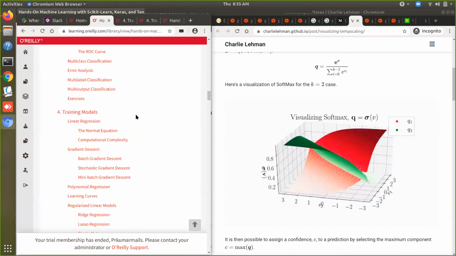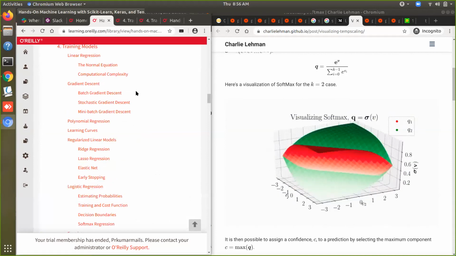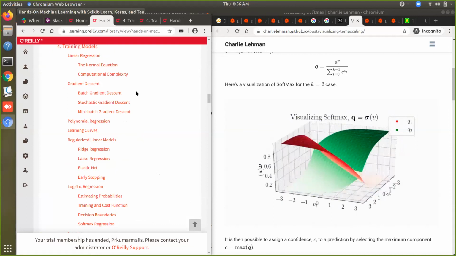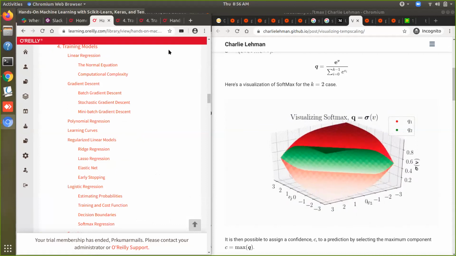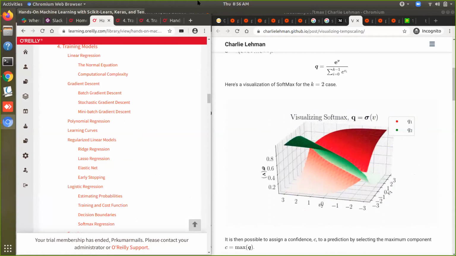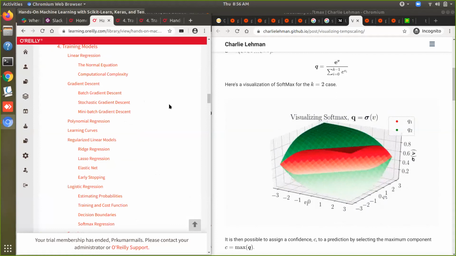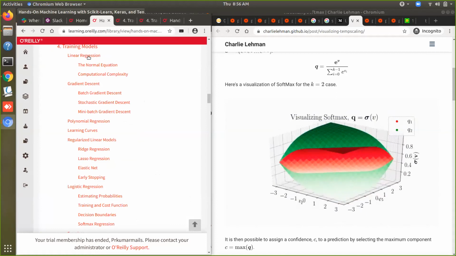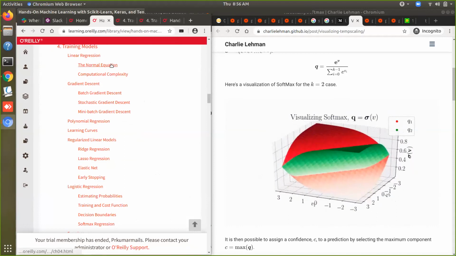This chapter is very core for most of the upcoming chapters, and there is some math involved. It's okay to skip the math part, but it's very good to get to know it. We started with linear regression and the closed form solution, the normal equations.